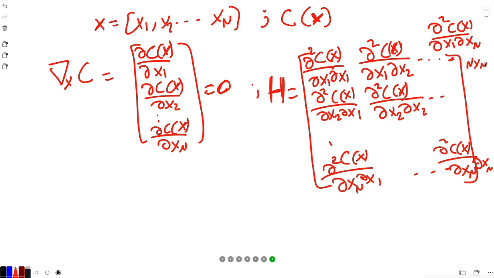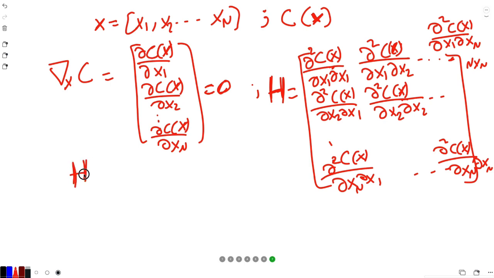And you can see, for example, the second differentiation here is with respect to x1 and x2, and the second differentiation here is with respect to x2 and x1, and actually they are the same, which means that, and this is valid for all elements here, the Hessian matrix is a symmetric matrix.